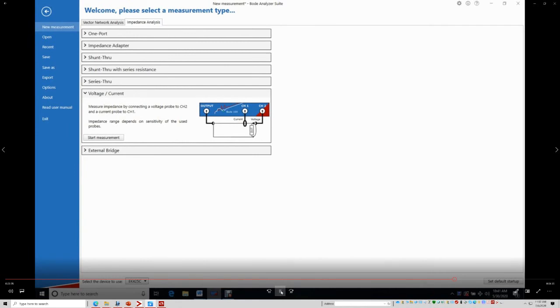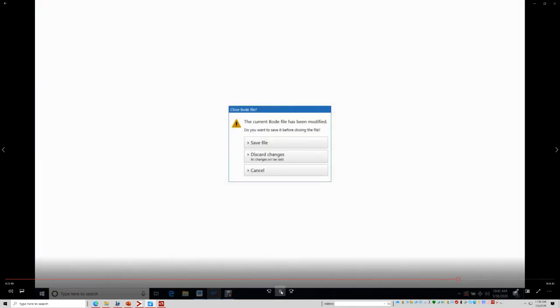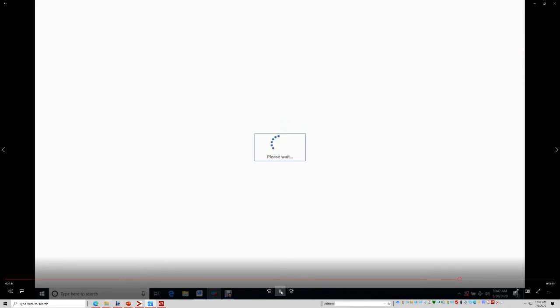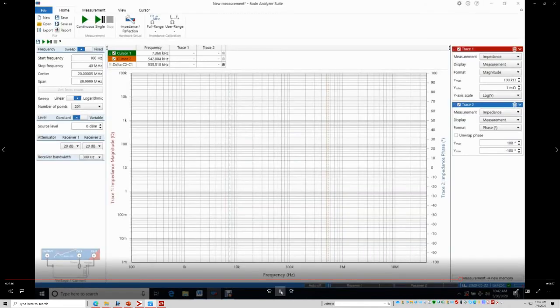Here you have the Bode Analyzer Suite, and we're going to do an input impedance measurement. So we'll go ahead and start. Okay, here we have the plot, or the graph. We're going to measure the input impedance, and this is before the input filter. In other words, this is the whole power supply.